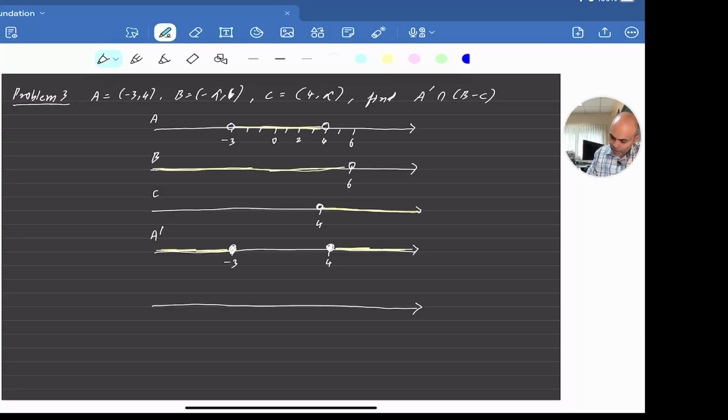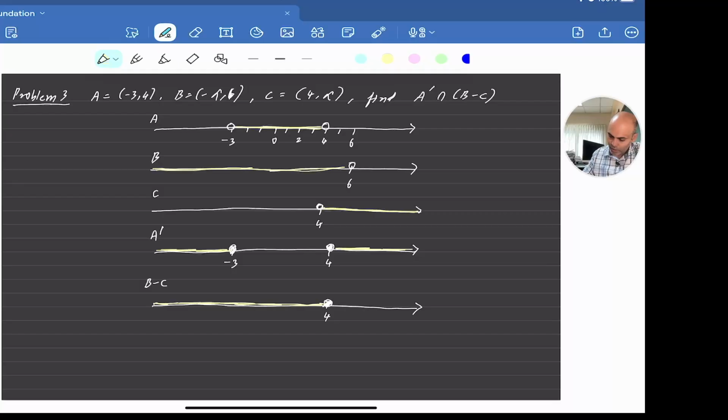B minus C includes all points present in B but not present in C. So 4 is present in B, and not present in C, and all points to the left of 4 are present in B and not present in C.